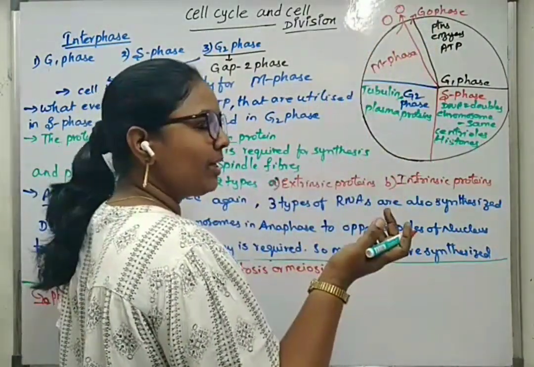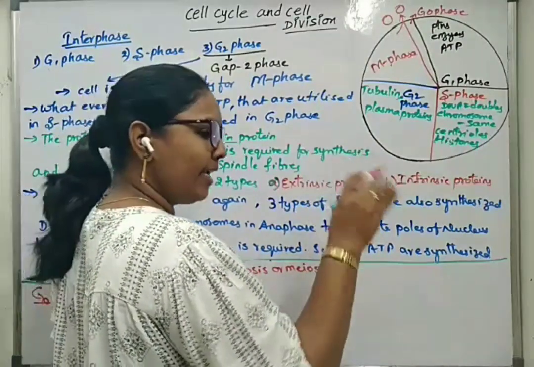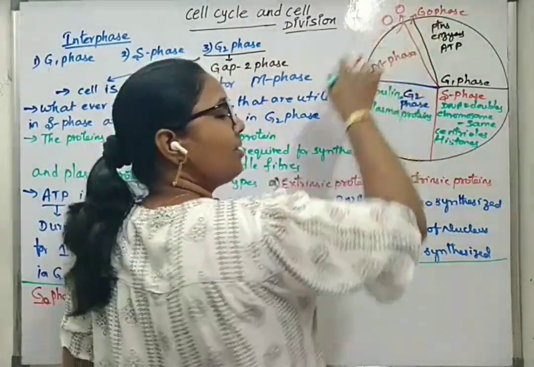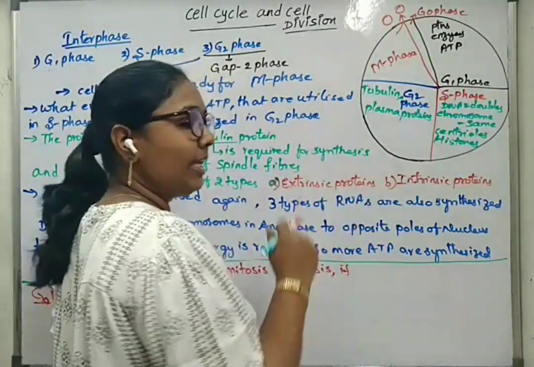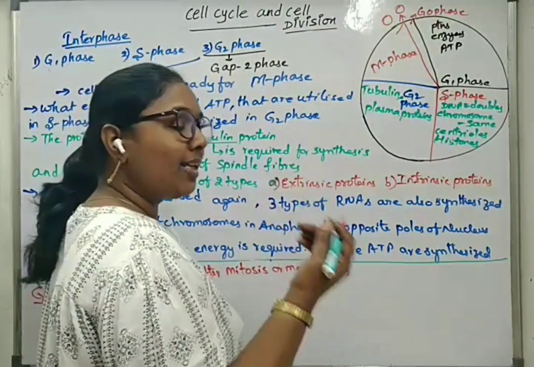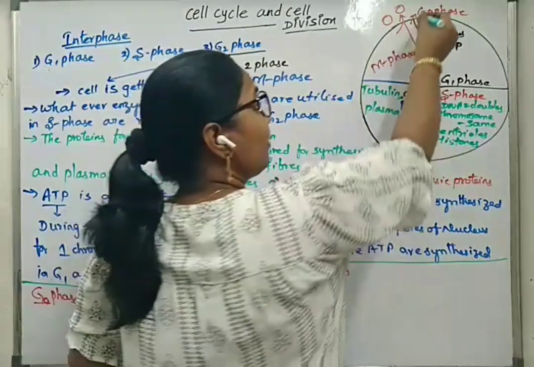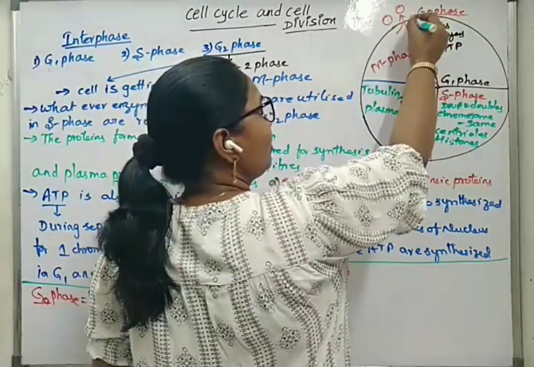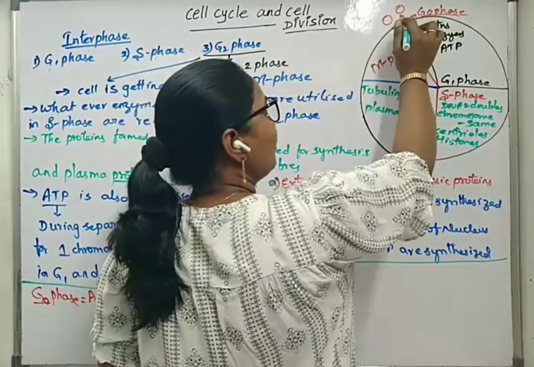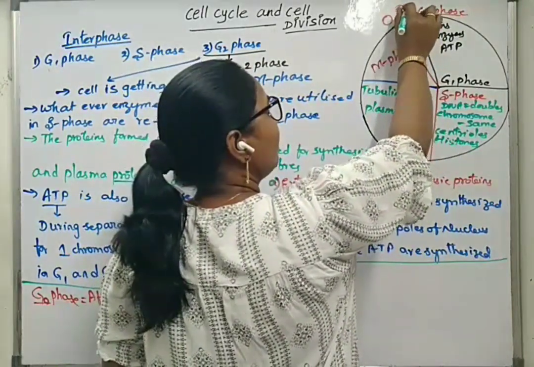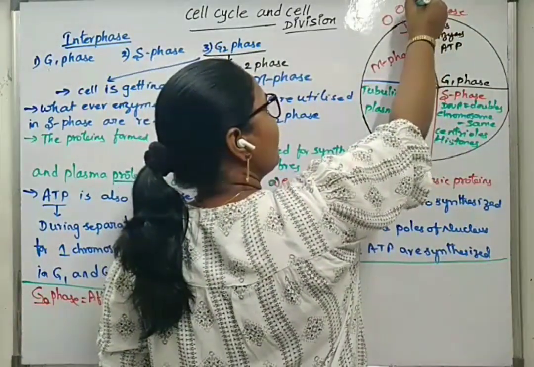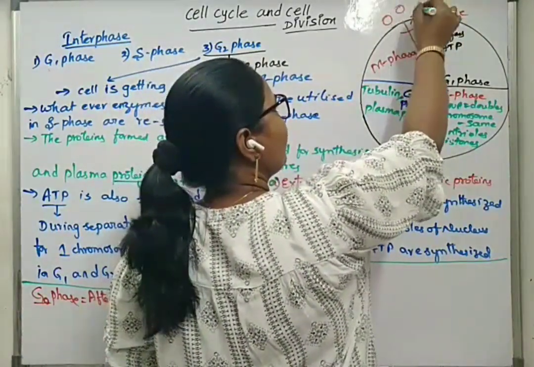If there is no requirement of further cycling and producing more parenchyma cells, then those cells will undergo differentiation, means they will be converted into other types of cells. That phase or that time is called G0 phase. So those cells will enter into G1 phase, and from G1 phase, they enter into G0 phase.